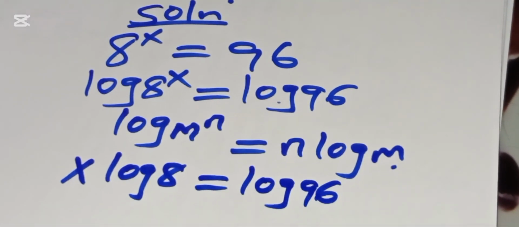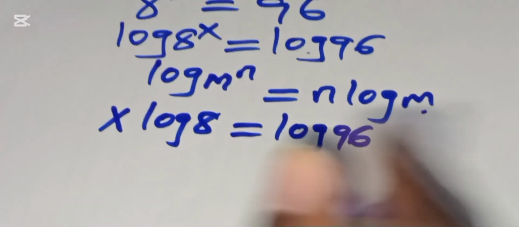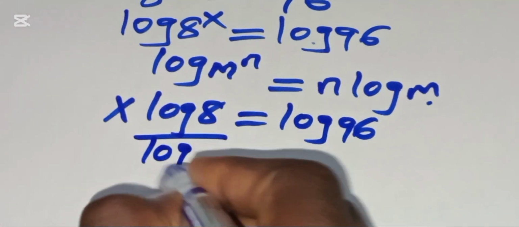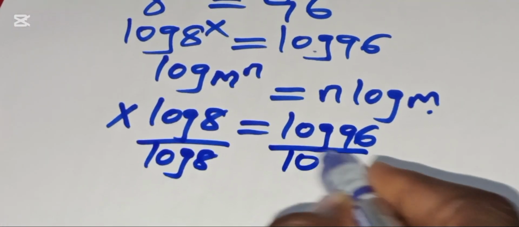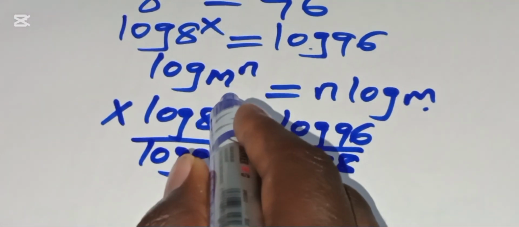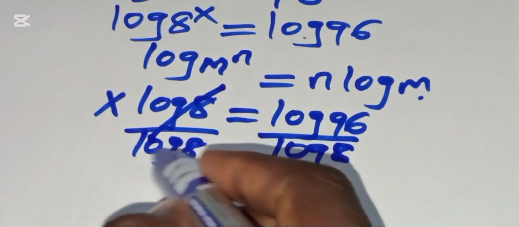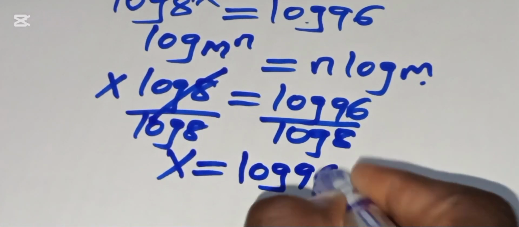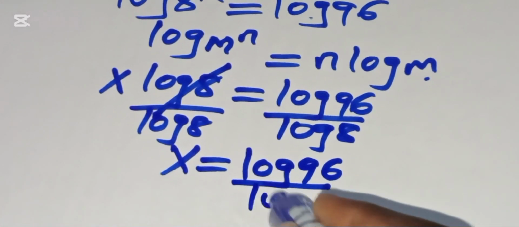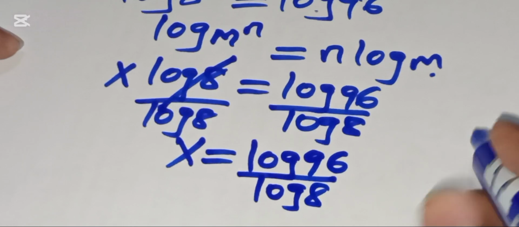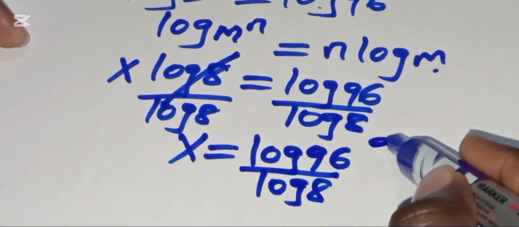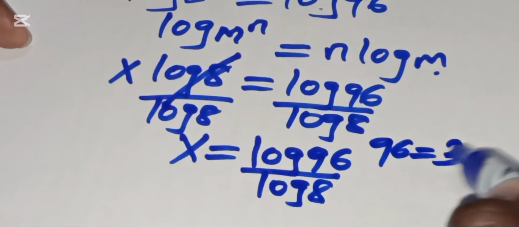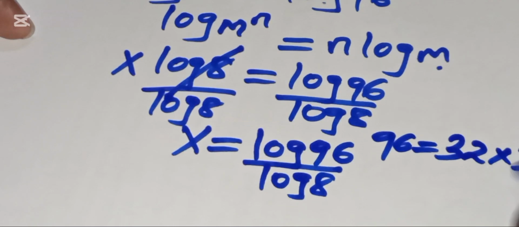Now we divide both sides by log 8. If we simplify, log 8 and log 8 cancel, so x is equal to log 96 divided by log 8. Now 96 can be expressed as 2 multiplied by 3.